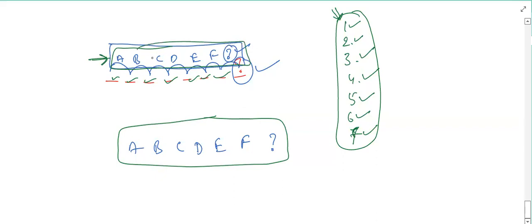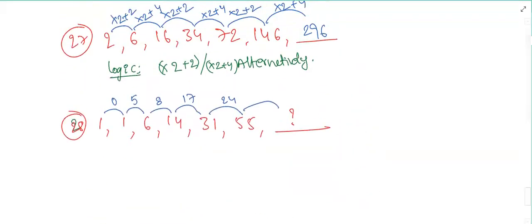Now verify the same thing on these numbers 0, 5, 8, 17, 24. And we need to get this last difference. To get the answer, we have to get this last difference. Now consider these 0, 5, 8, 17, 24 as one separate series. Now start the procedure again. Are all these numbers consecutive natural numbers?